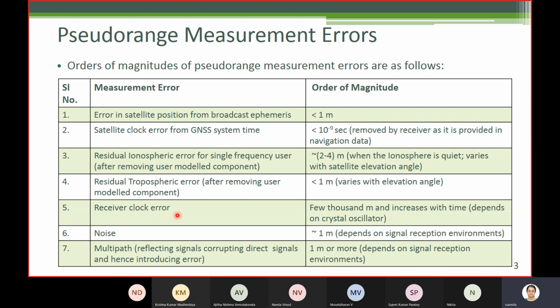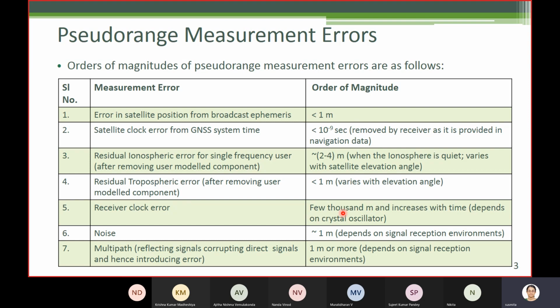And what is the receiver clock error? The receiver clock error is a few thousand meters. When you generated the plots for the receiver clock error, you saw some kilometer level error. But fortunately, the receiver estimates it out.